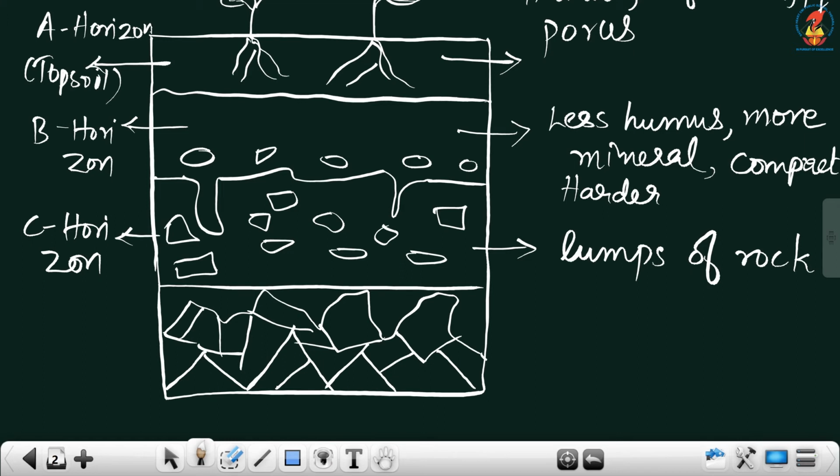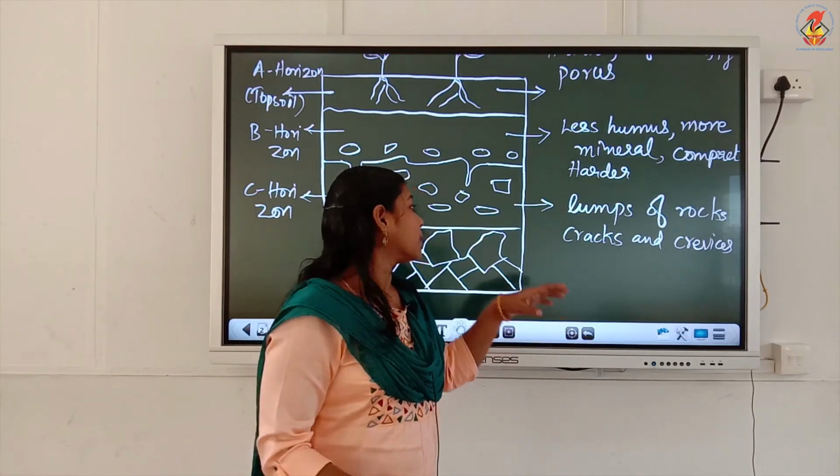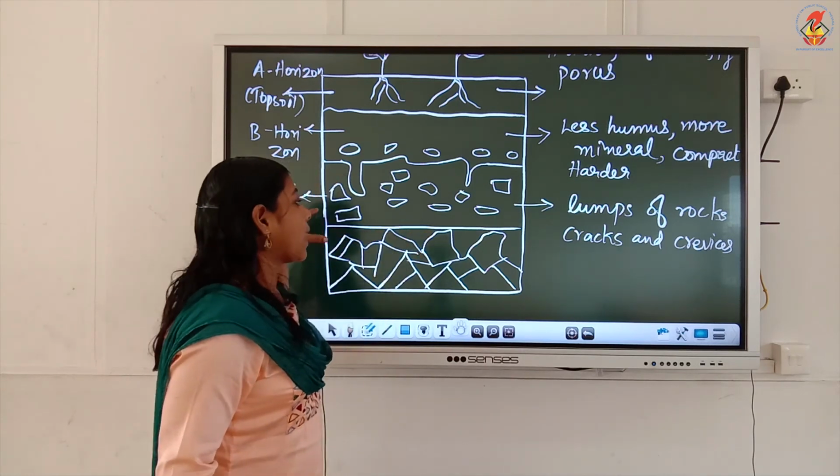Lumps of rocks, and cracks and crevices are seen in this particular layer. So this is the third layer of the soil profile, the C horizon.